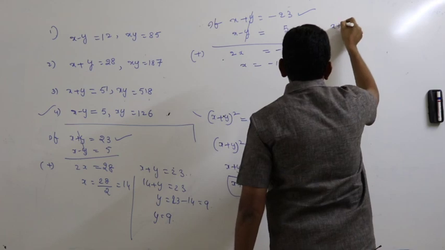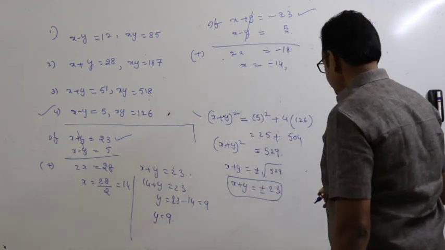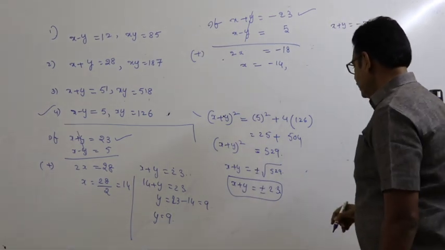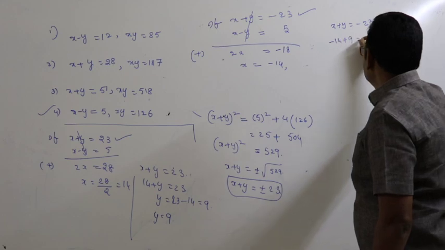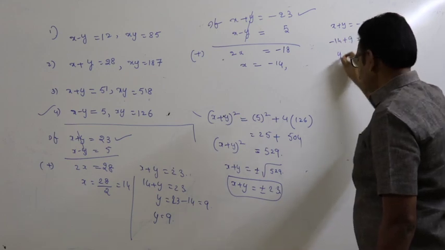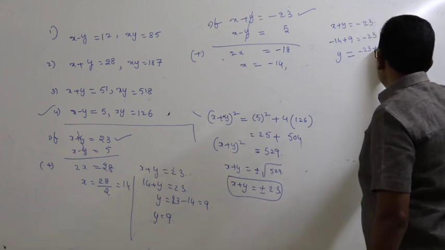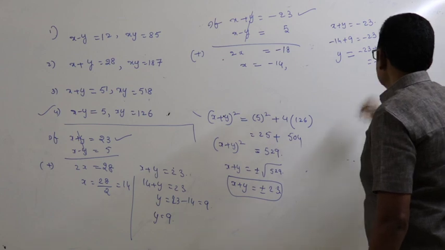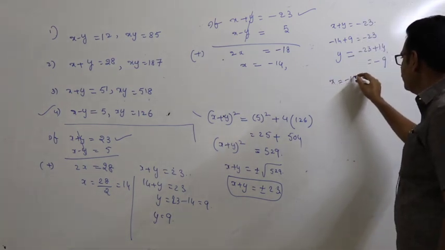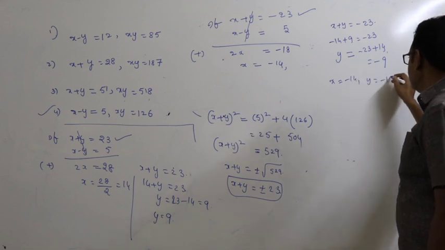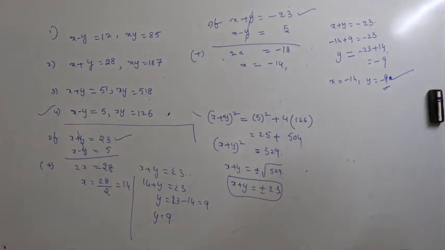Now x plus y is equal to minus 23, so minus 14 plus y is equal to minus 23. Therefore y is equal to minus 23 plus 14, that is minus 9. So x is equal to minus 14, y is equal to minus 9 in this case.